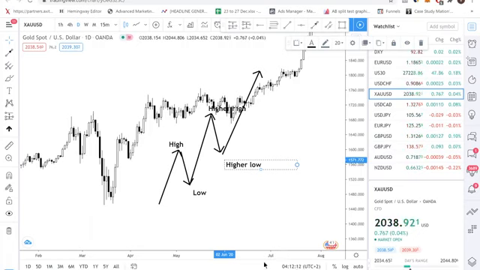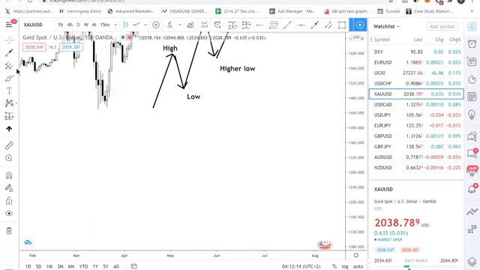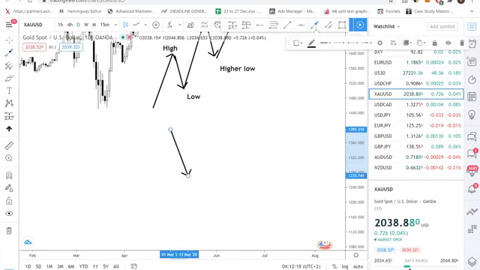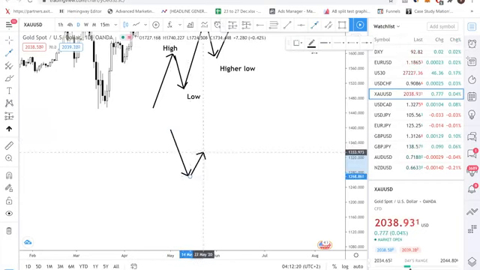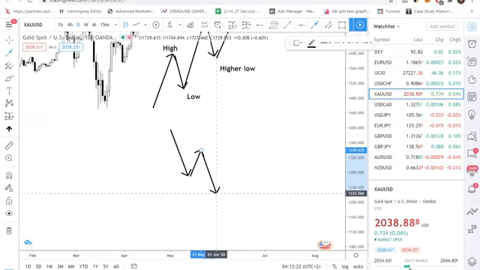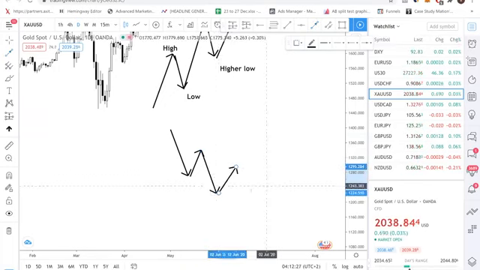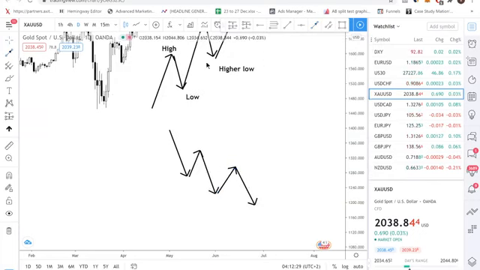Very simple. The opposite is also true. If we are in a downtrend, then you will have this pattern over here. It's just the opposite, nothing too special about it. Let me just draw it for you. So it's the opposite.